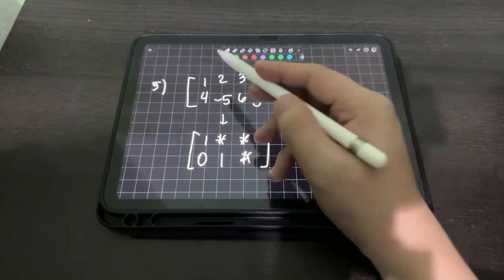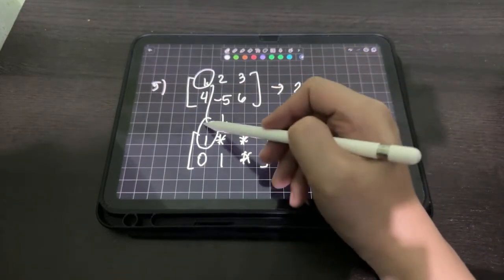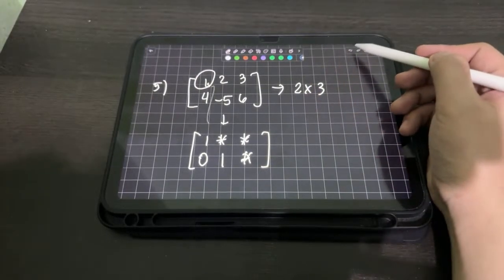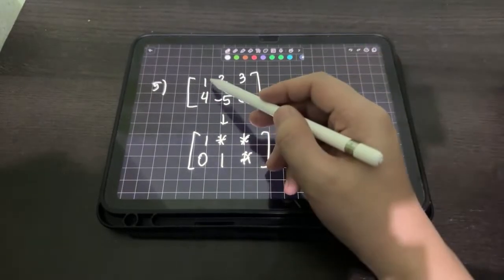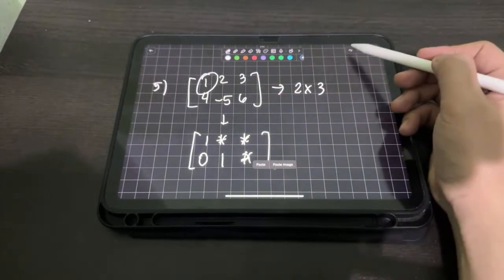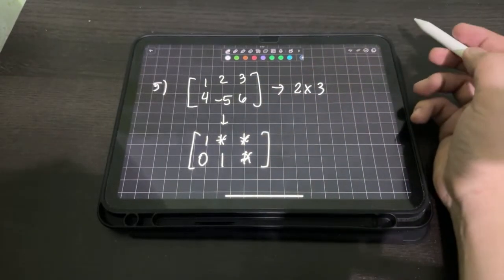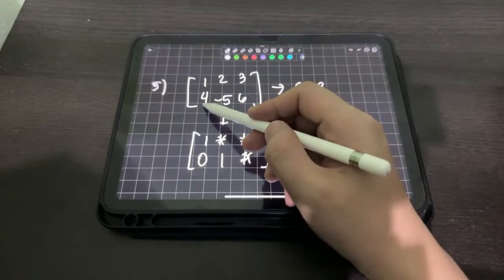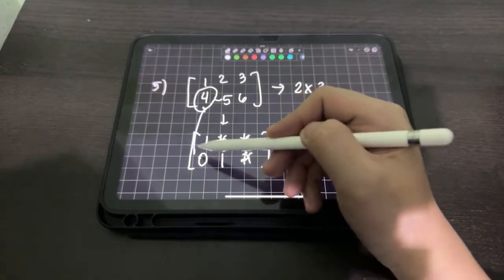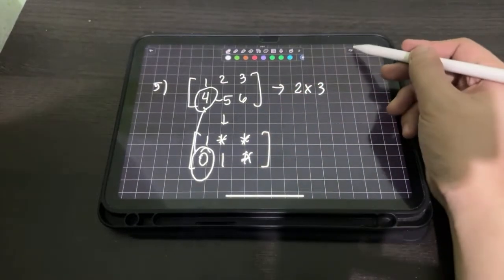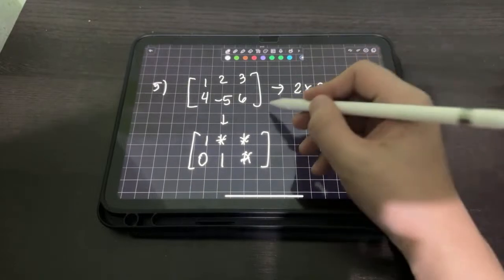So the first goal is to make this entry equal to 1, which is already 1, right? So we're done with this entry. We don't need to do anything. How about this 4? We need to convert this to 0. So we apply an elementary operation.